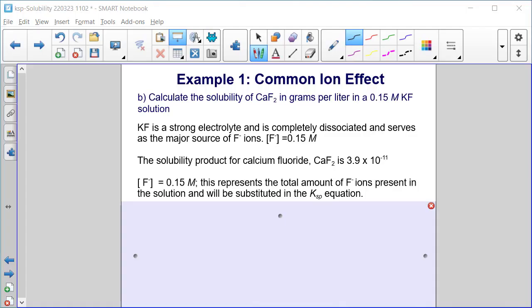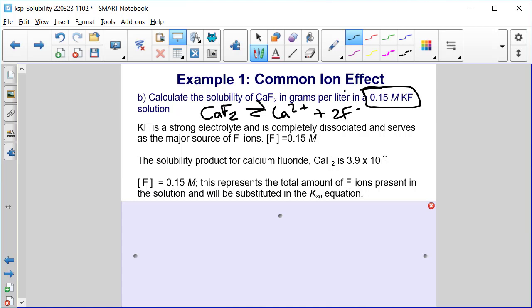Okay, so now things get interesting. What happens to the solubility of this CaF2 if instead of in pure water, we put it in a solution of 0.15 molar KF? KF is a strong electrolyte.